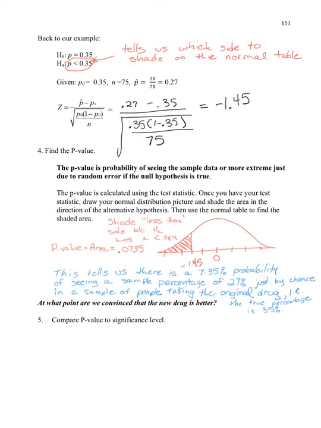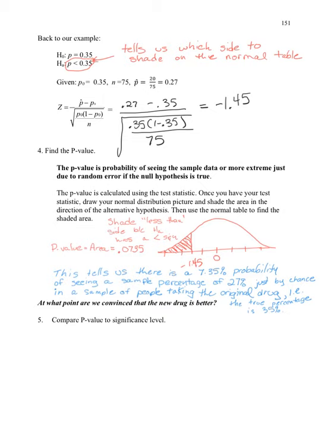So is this convincing evidence? 7%. Well, I mean, it could happen. The level at which we're convinced or which we think is strong evidence is really something that's determined by the researcher in advance. So that's the significance level that we're going to compare the p-value to.